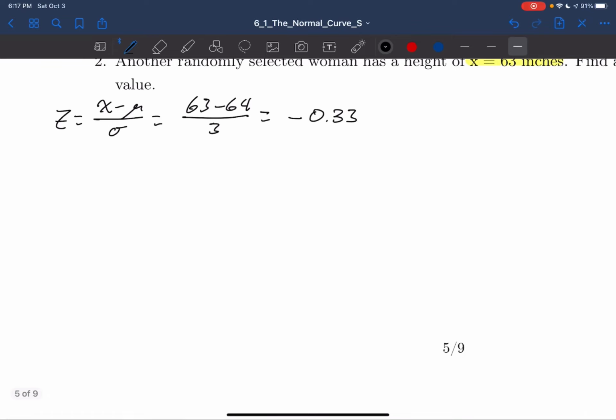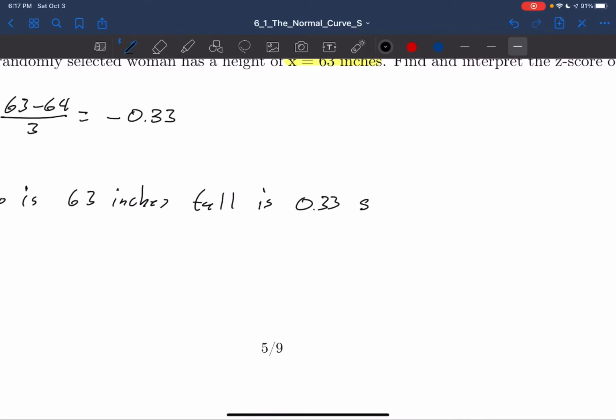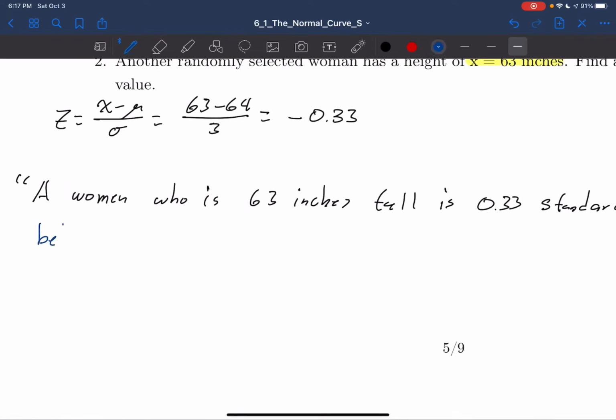To interpret this, we could say that a woman who is 63 inches tall is 0.33 standard deviations below the mean height of 64 inches.